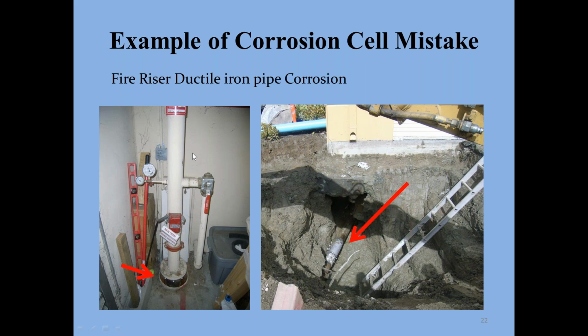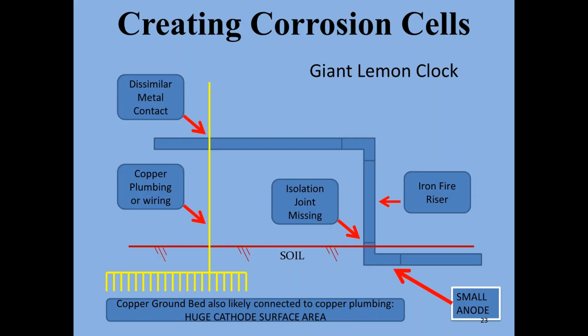And now, in the end, what you have is this short ductile iron piece of pipe that is now electrically continuous to a large surface area of copper in the ground. And so basically what you end up setting up is a giant lemon clock.